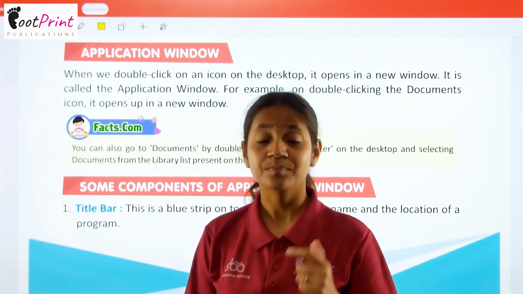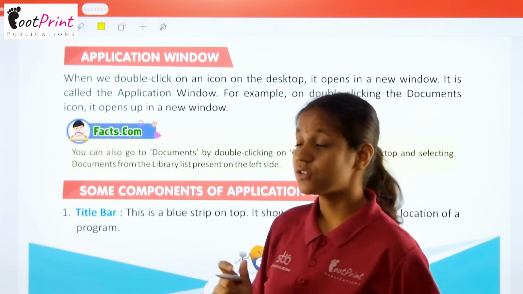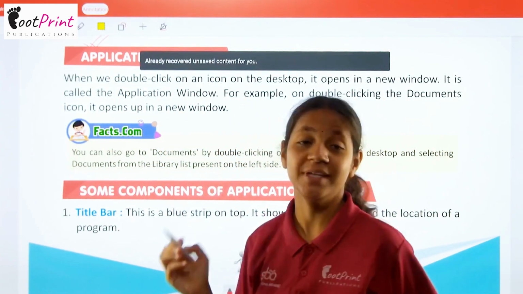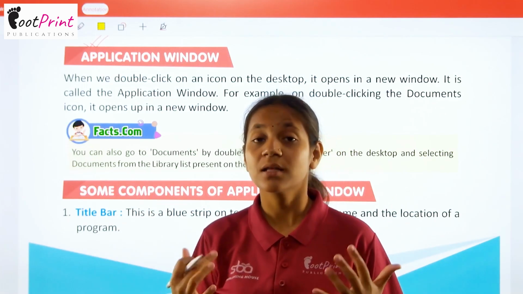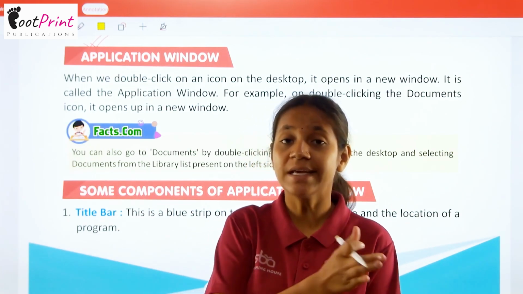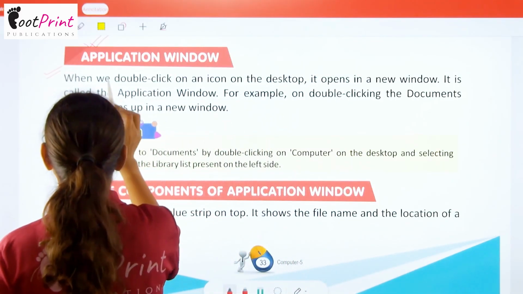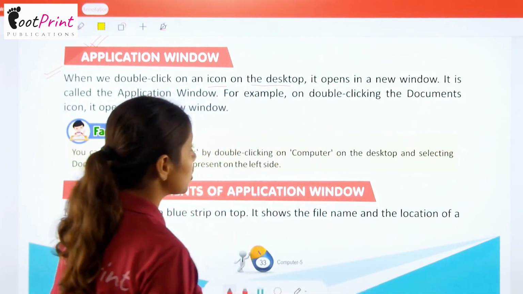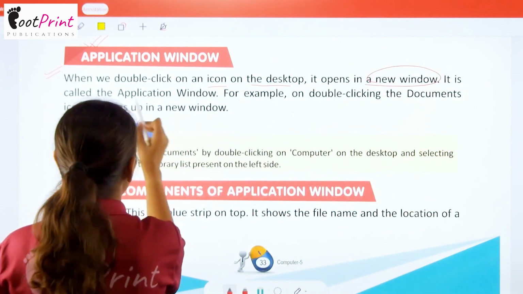Okay. Now we have the application window. So as per the name, now we are talking about applications, that means apps that we install in our computer that do not already exist in our computer. So let's learn about them. When we double click on an icon on the desktop, it opens in a new window. It is called the application window.